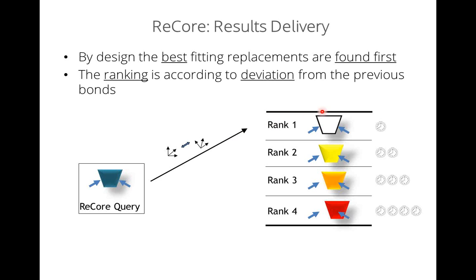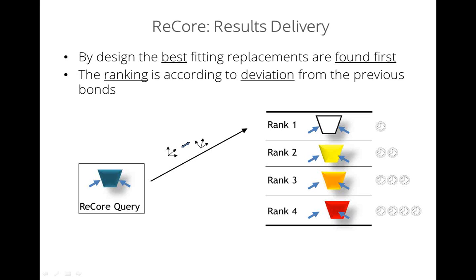And so it happens that the list of results as they come in, just as in Google, is rank ordered. In Google it is the page rank. In RECORE it is the deviation from the original exit vectors that have been defined by the team of computational and medicinal chemists. So the list of results is rank ordered, and it comes in within a few seconds.